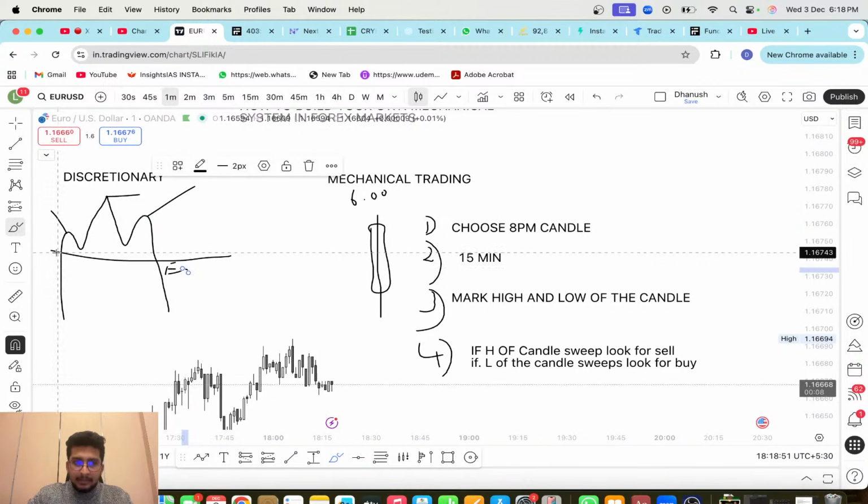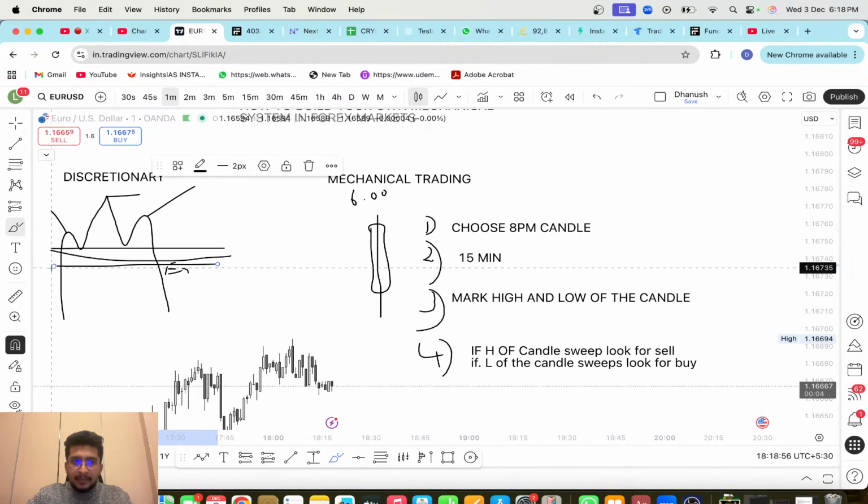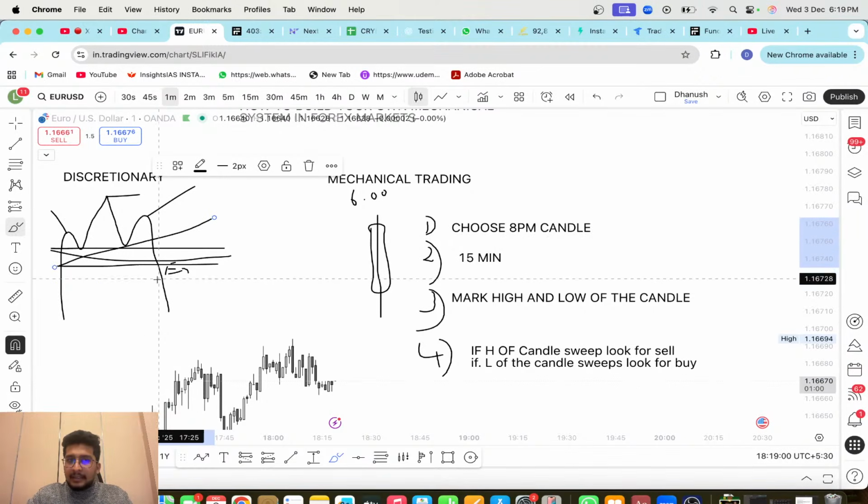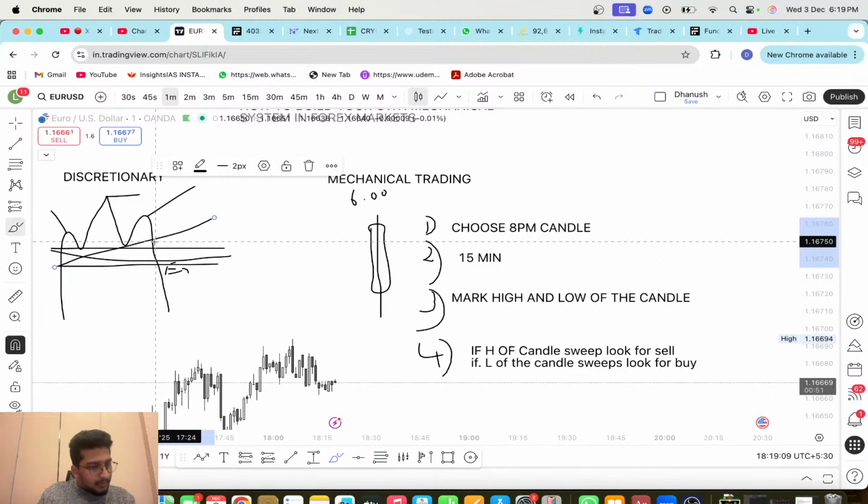Okay, for some people they'll mark here, for some people they'll mark here, or for some people they'll create a trend line like this. So over here there is no fixed entry, which means the entries vary from one person to another.